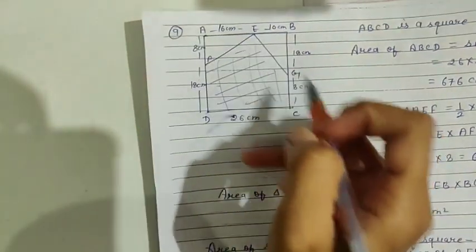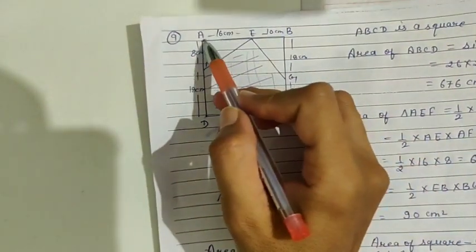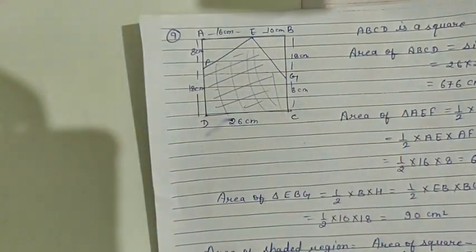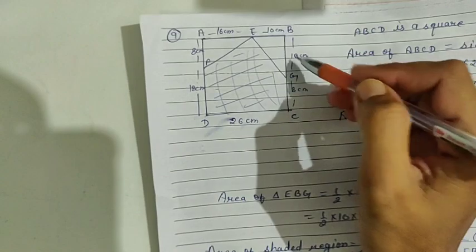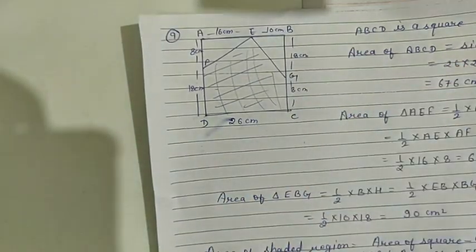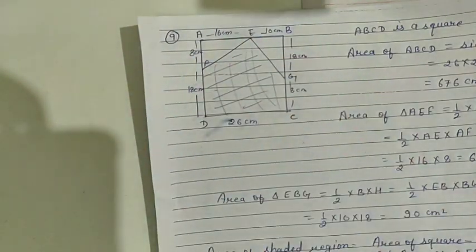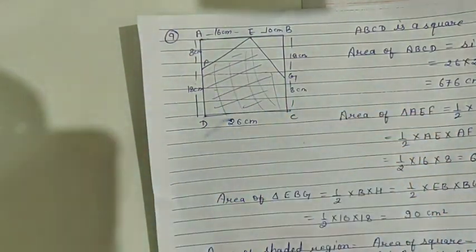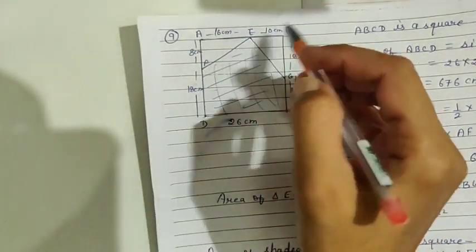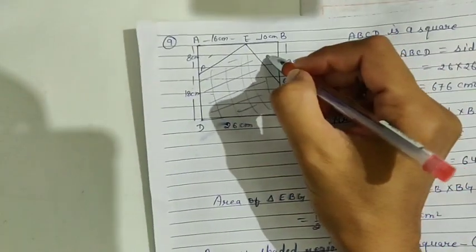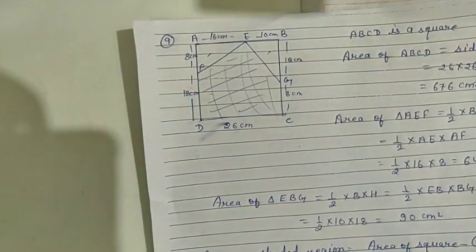Friends, ABCD is a square because AB is 16 plus 10, that is equal to 26, and BC is 8 plus 18, that is also equal to 26. So ABCD is a square, and area of this shaded region is equal to area of ABCD minus area of this region minus area of this region.